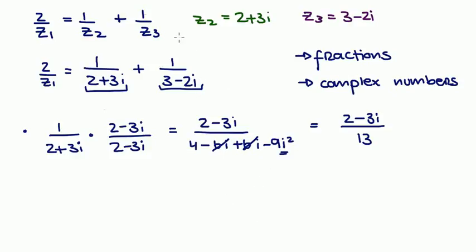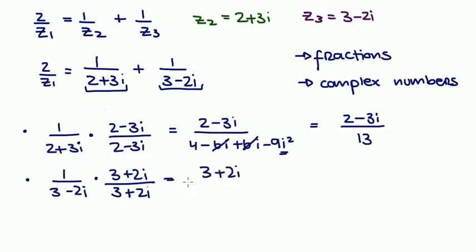Now I'm going to look at the second part of that right hand side. So I have 1 over 3 minus 2i. Now I'm going to multiply above and below by the conjugate of the bottom. So it's 3 plus 2i. So on the top, 3 plus 2i.